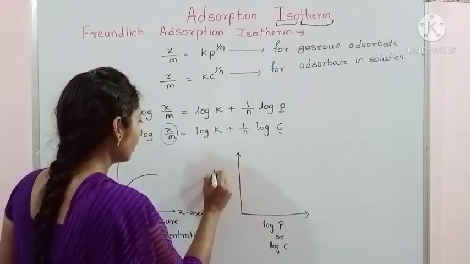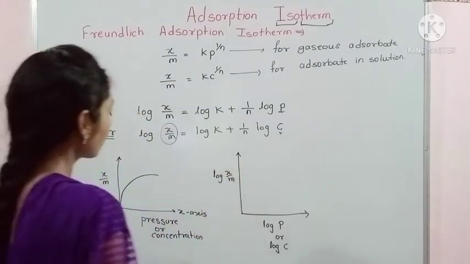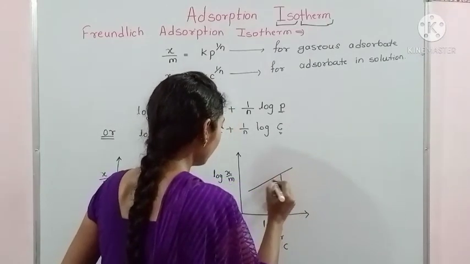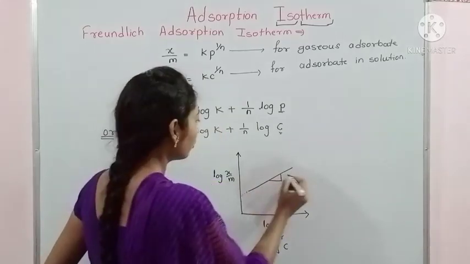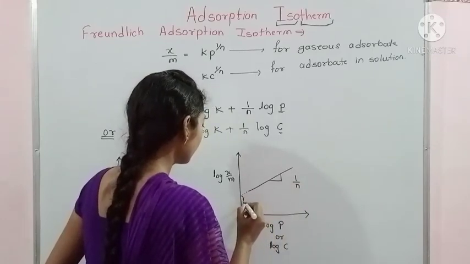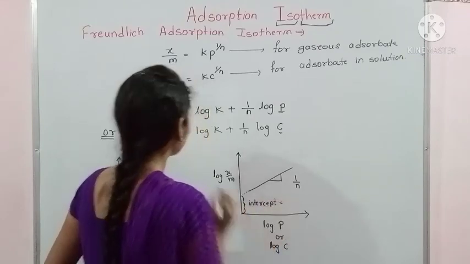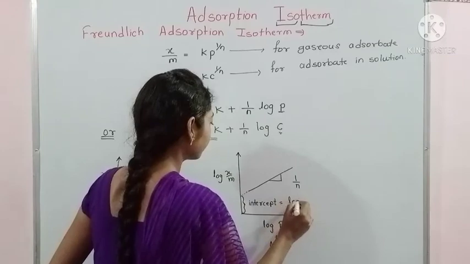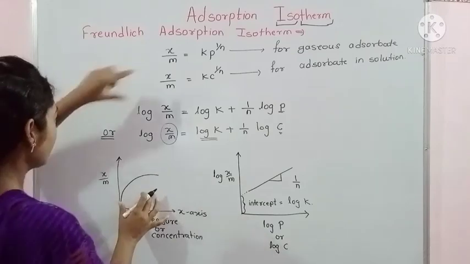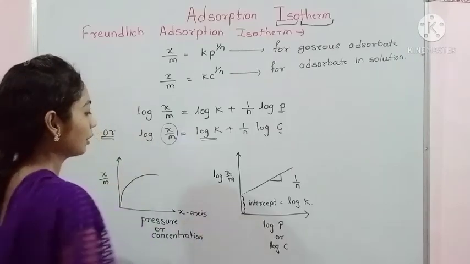On the y-axis we take log of x upon m, and here a straight line is obtained, with slope 1 upon n and intercept log k. This graph is for the general expression and this one is for the logarithmic expression.